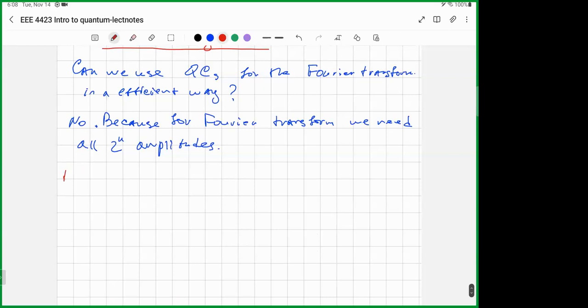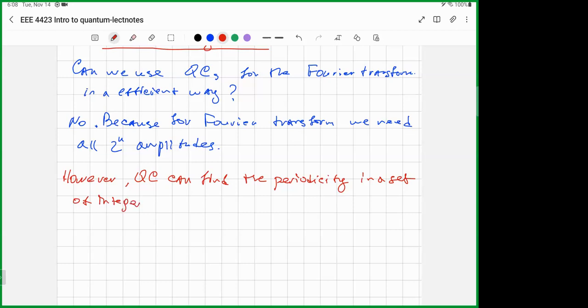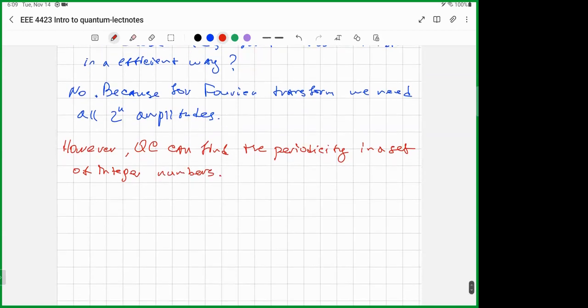However, quantum computer can find the periodicity in a set of integer numbers in an efficient way.